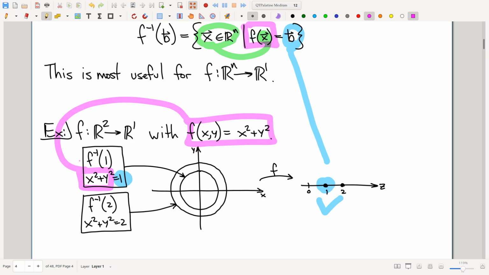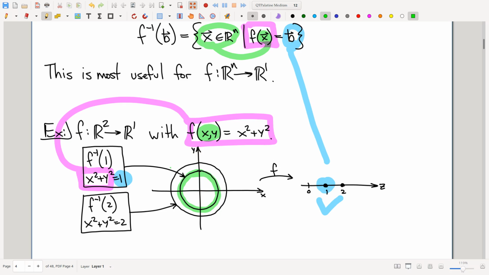So I want to know what are the x's and y's where x squared plus y squared is equal to 1. And those x's and y's, not hard to persuade yourself, are going to make a unit circle. Why? Because we happen to have studied this equation before. x squared plus y squared equals 1, our old friend. That's a unit circle. Okay, so that is our first example of a level set.